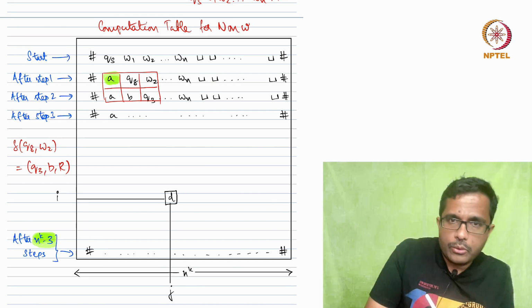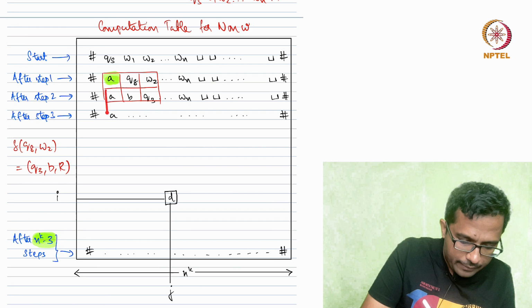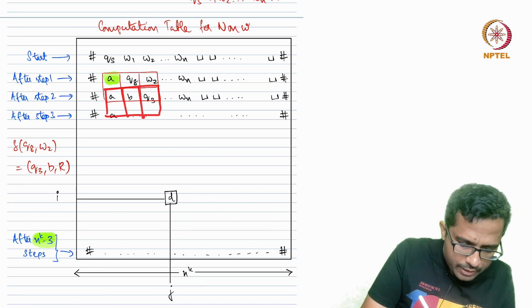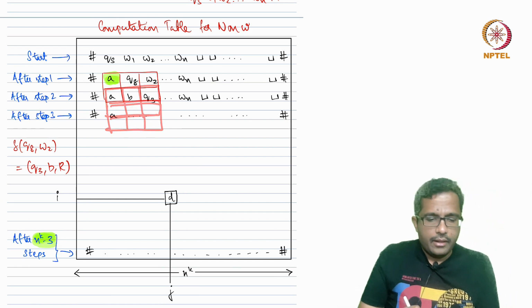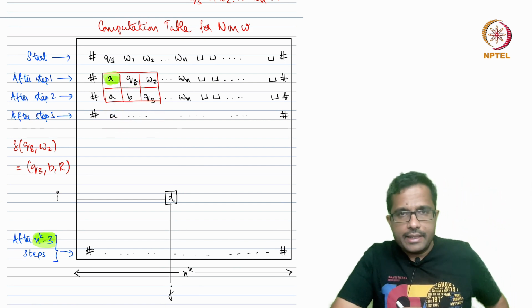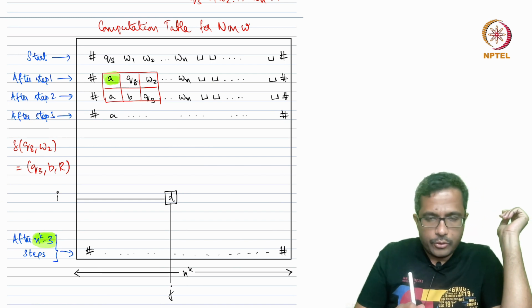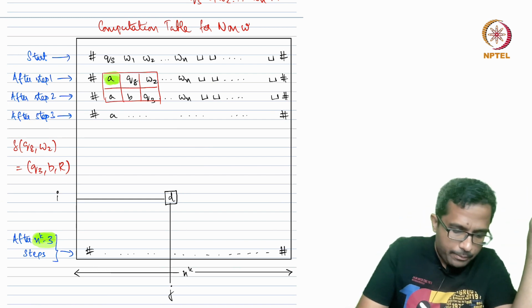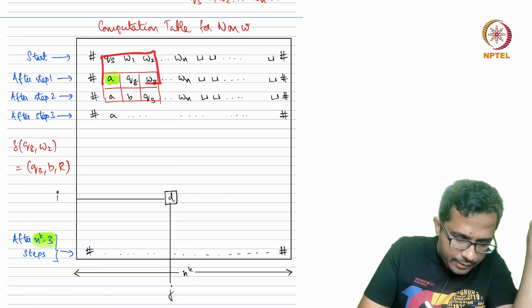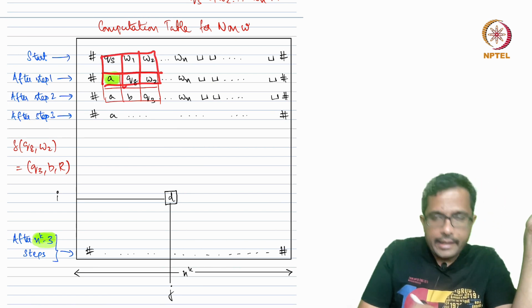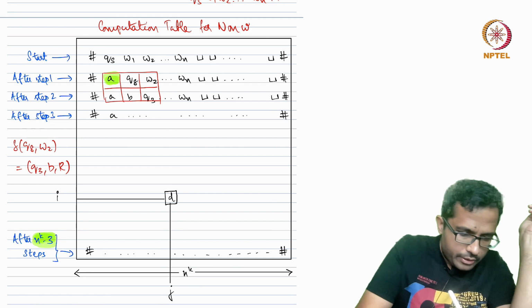Of course there will be overlaps, and we want the overlaps to be there. So for all possible such 2 by 3 windows we want to check. What do we want to check? I will explain that. We cover the entire table using these 2 by 3 windows.